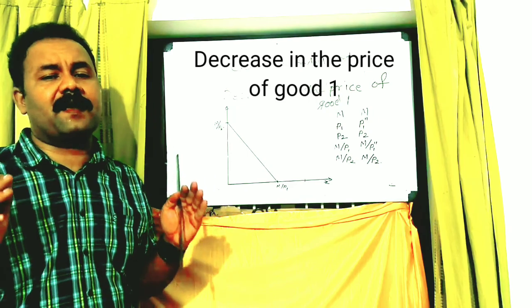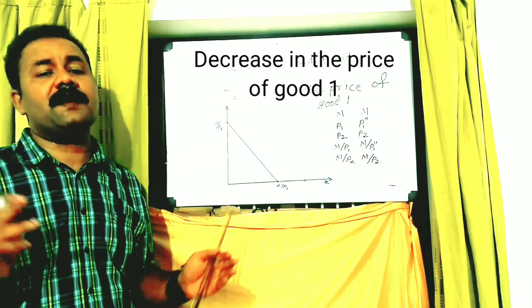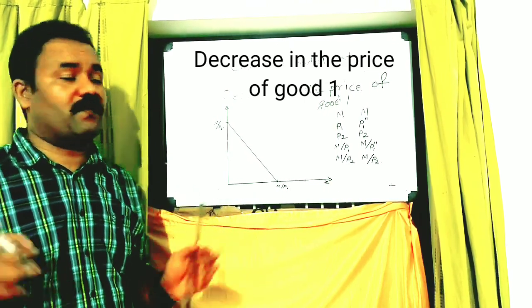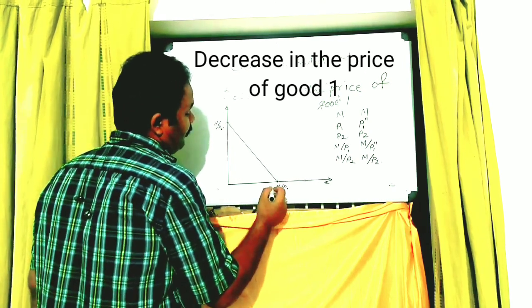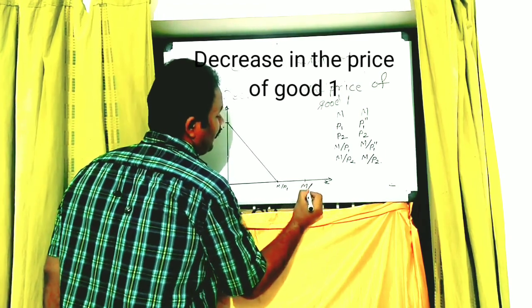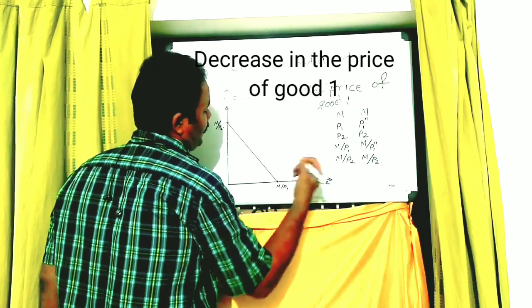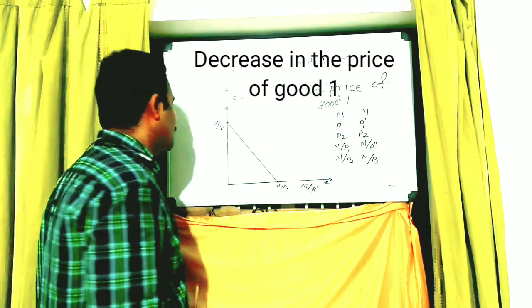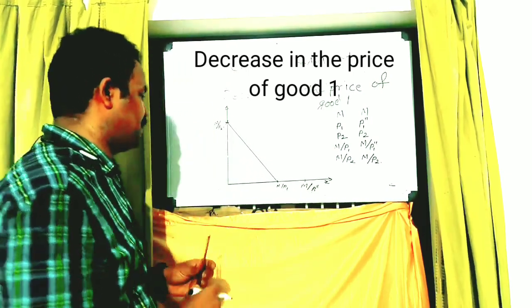If at that time the price of good one decreases, then the consumer can purchase more units of good one. So the horizontal intercept will shift from M by P1 to M by P1 double dash, outwards or rightwards. Then there is no change in the vertical intercept, the same point.